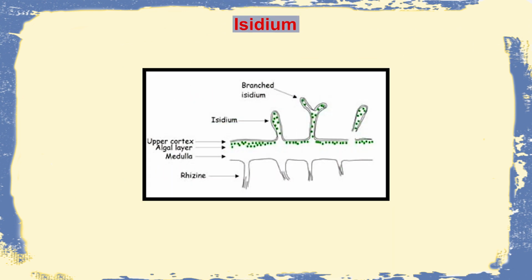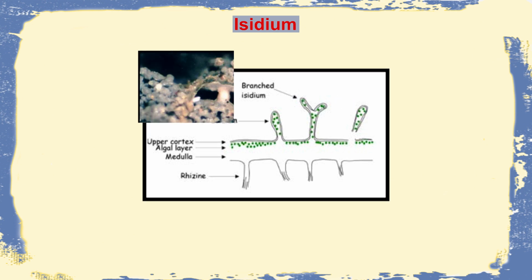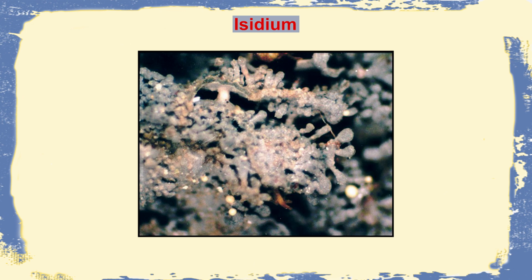Similarly, another unique structure is isidium, a branched filamentous structure with algal colonies inside, which will be separated and produce branched structures and grow into a plant body in no time.